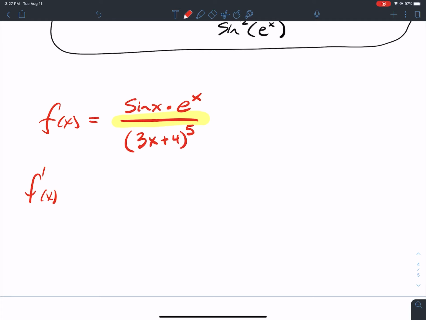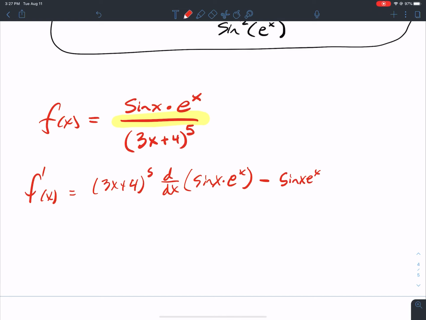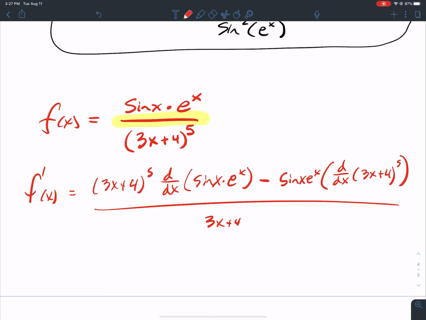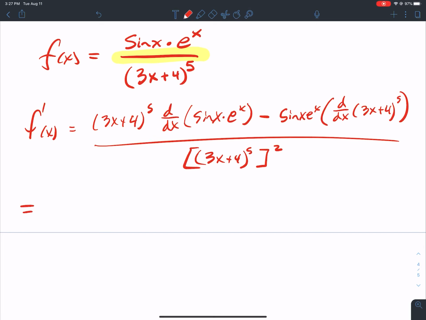So low d high would be low, 3x plus 4 to the 5th, times d high, the derivative of the numerator, sine x e to the x, minus high d low, sine x e to the x times d low, which is d/dx of 3x plus 4 to the 5th, all over 3x plus 4 to the 5th squared.